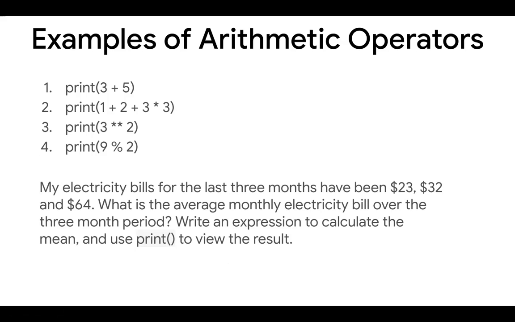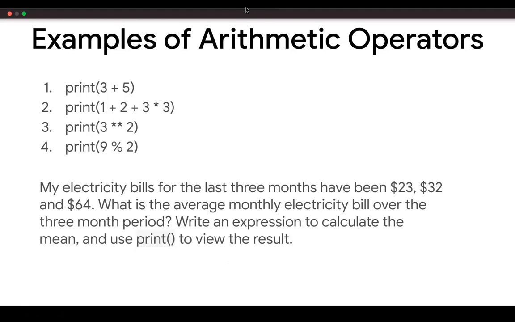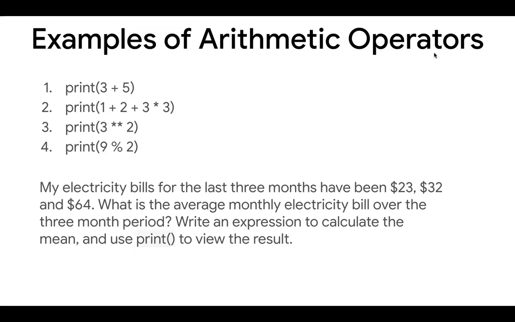Could you please write in the chat how you would calculate the average of the 3 months' bills? You only need to use math to calculate the average using the arithmetic operations.